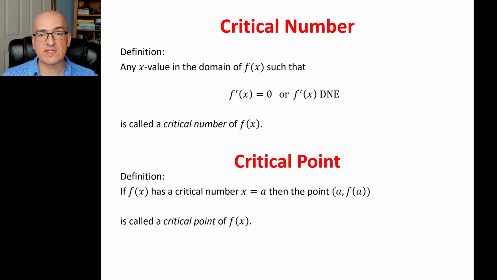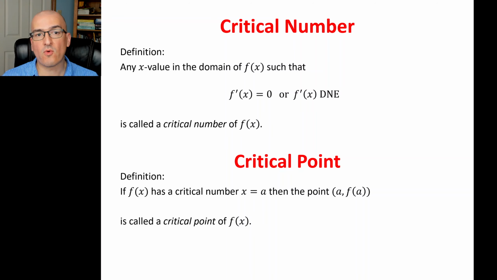Also, before we get into the examples, there's some vocabulary I want to mention. Any location where the derivative of a function is equal to 0 or where the derivative of a function does not exist, those x values are called critical numbers. A critical point is, like all points, an x coordinate comma a y coordinate.